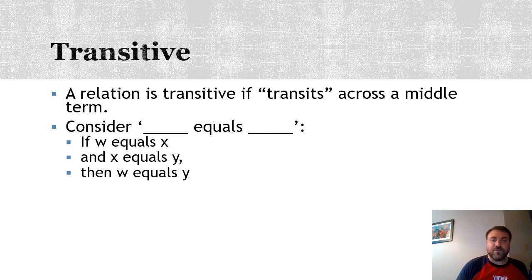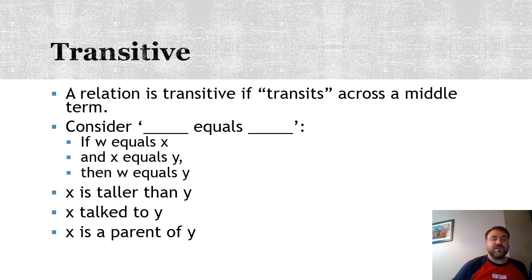Notice the equals transits from w to y across x. That's one way of putting it, and that helps to remind you that's what transitive means. Any property that does work in that kind of argument is transitive. Any property that doesn't work in that kind of argument is not transitive, or non-transitive.